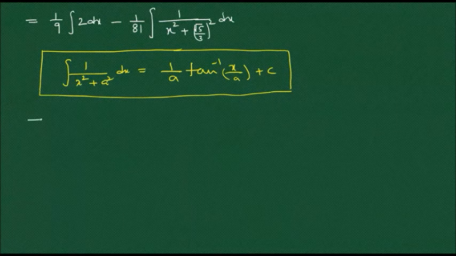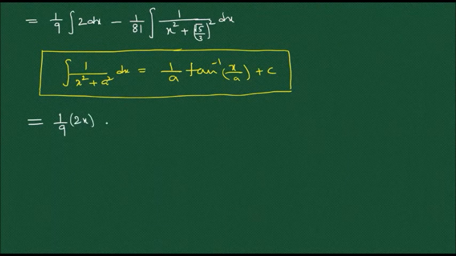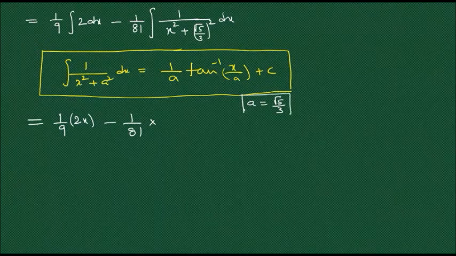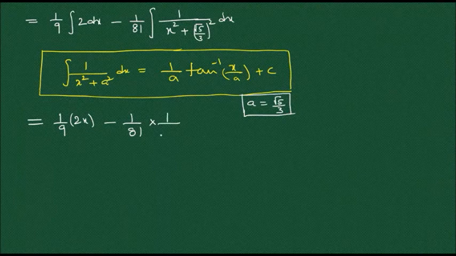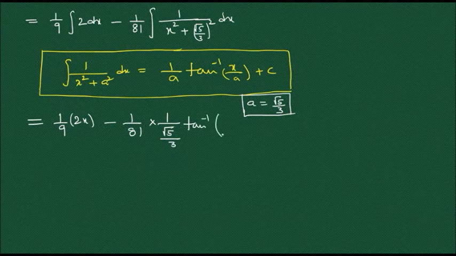Applying the integration, we'll get 1 by 9 integration of a constant, 2 dx forms 2x, minus 1 by 81 into here a is equal to root 5 by 3. So 1 by root 5 by 3 tan inverse x by root 5 by 3 plus c.